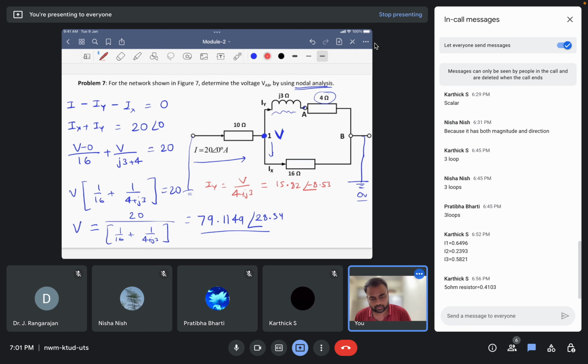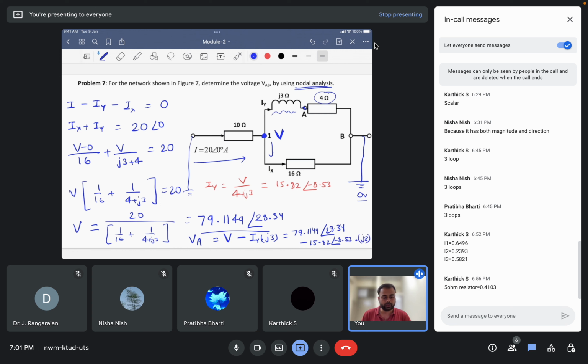Okay, so the voltage at point A, that is VA, will be the total V, that is the V at node 1, minus the voltage drop across the inductor, that is Iy multiplied by j3. So let us substitute the values here. Capital V is 79.1149, angle 28.34, and the current we have calculated is 15.82, angle minus 8.53, multiplied by j3.